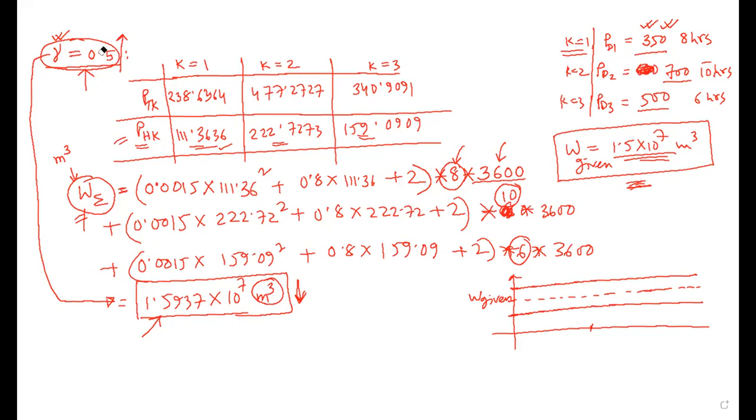Let's say we choose gamma equal to 0.6. With gamma equal to 0.6, you have to recalculate all of these things.